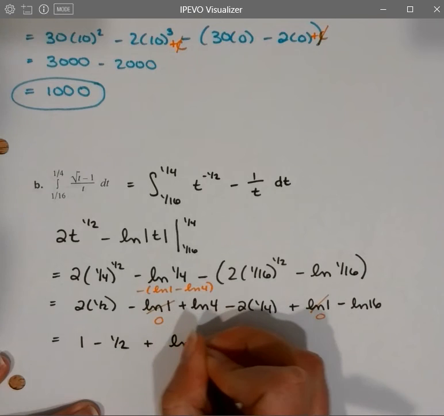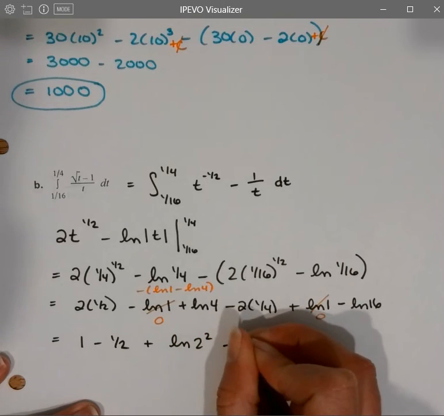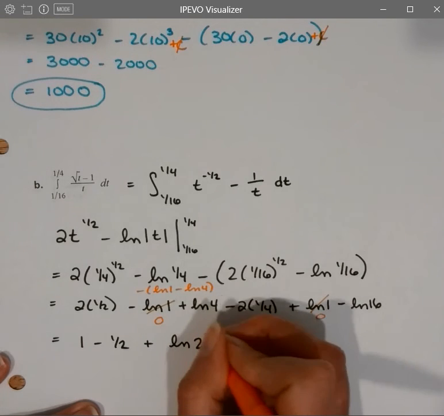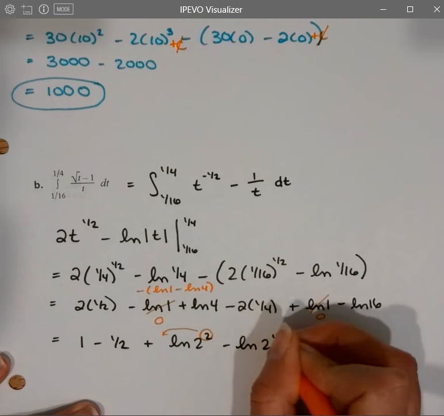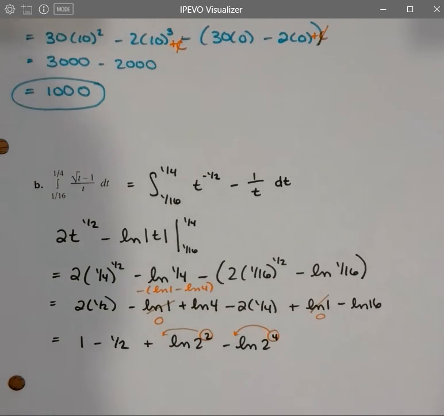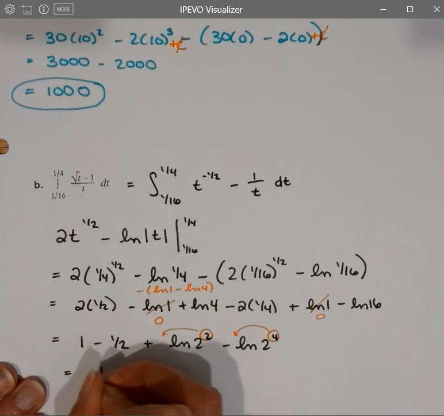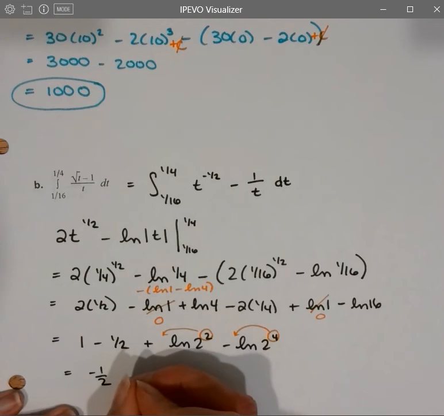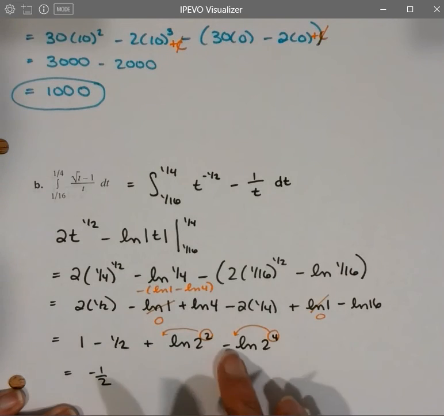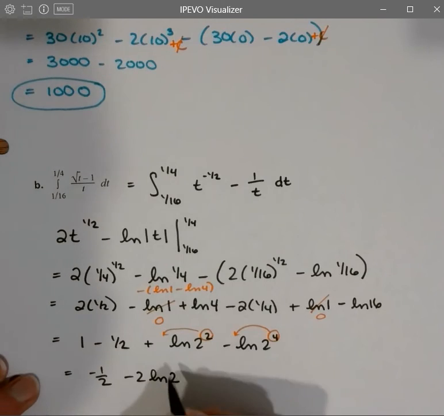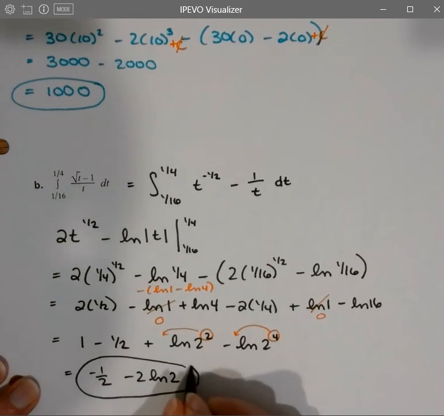So if I have natural log of 2 squared minus natural log of 2 to the 4th, we can use the power property to pull the coefficients down, and then we'll be able to combine those as well. So I'm going to have negative 1/2. Okay, so 2 natural log of 2 minus 4 natural log of 2 is going to be negative 2 natural log of 2. And that's going to be the simplified answer.